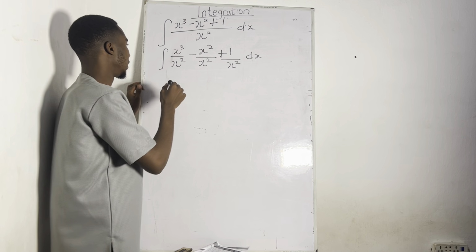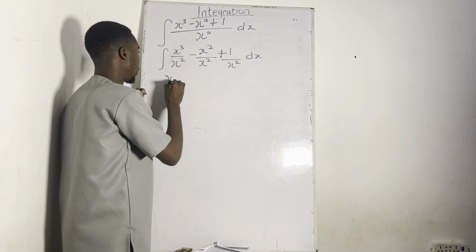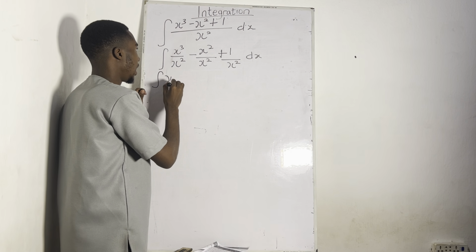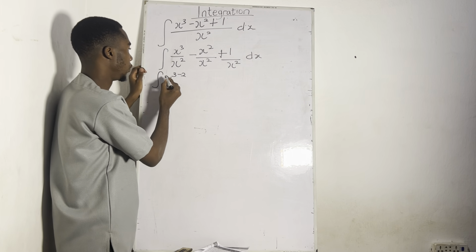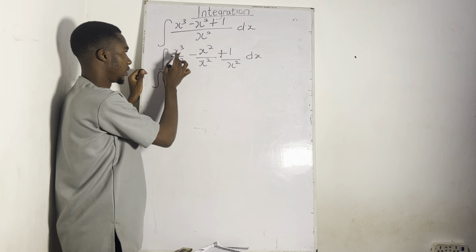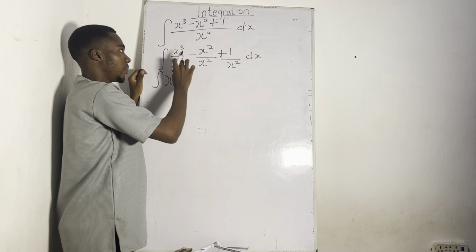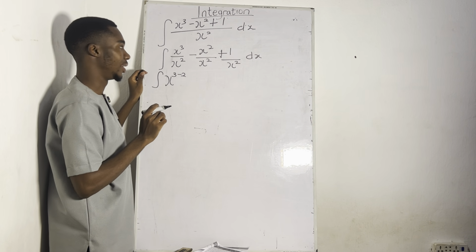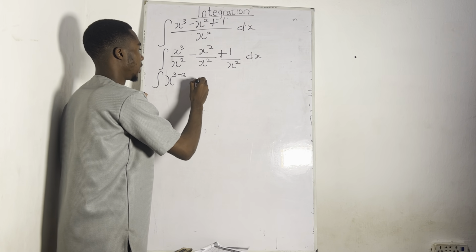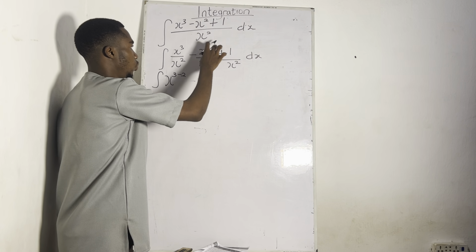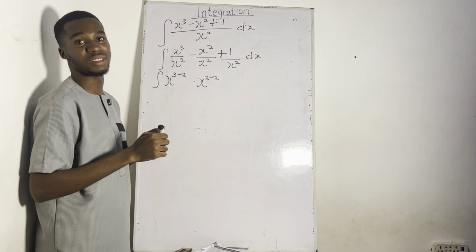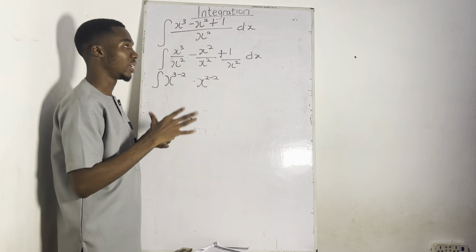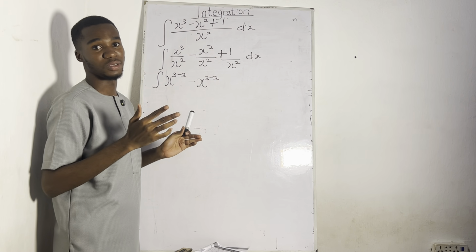So this is the same as, so you have the integral sign, x exponent 3 minus 2. So you maintain only one of the bases, which is x, then 3 minus 2. Do you get it? Then you have minus x, then 2 minus 2. You get it? So these are laws of indices. If you find it a bit confusing, it means you have to go and revise the laws of indices.